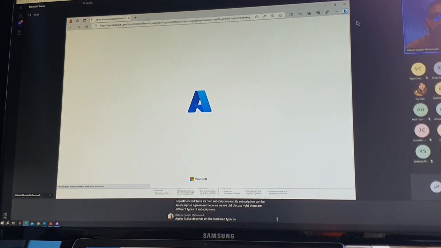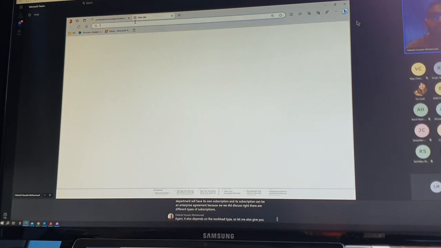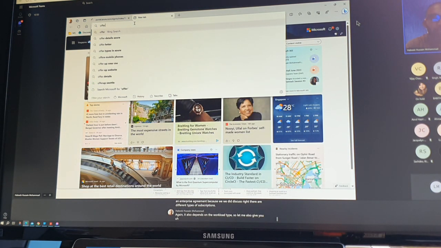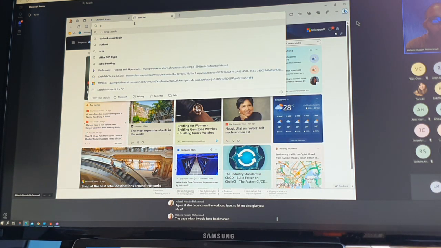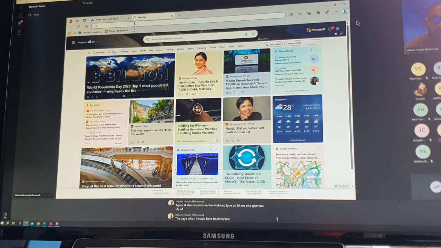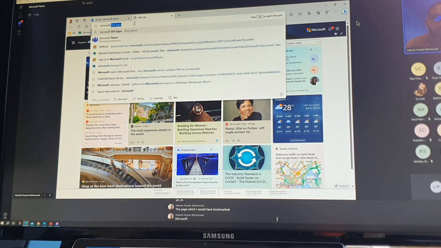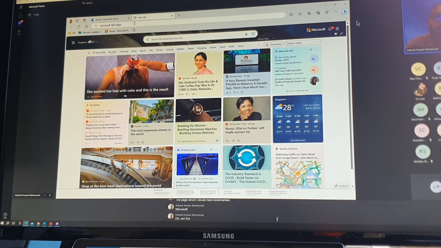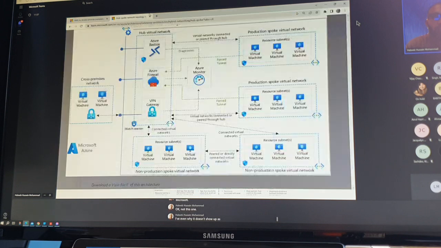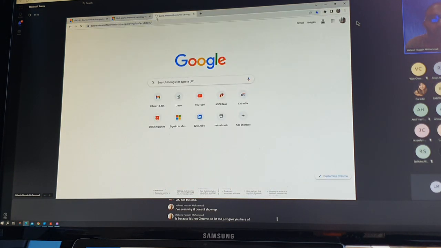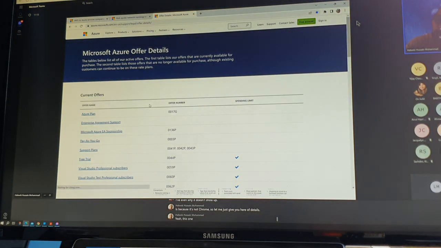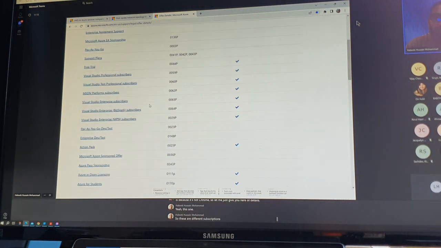So let me also give you the page which I would have bookmarked. Okay, not this one. The reason why it doesn't show up is because it's not Chrome. So let me just give you the details here. Yeah, this one. These are different subscription types.